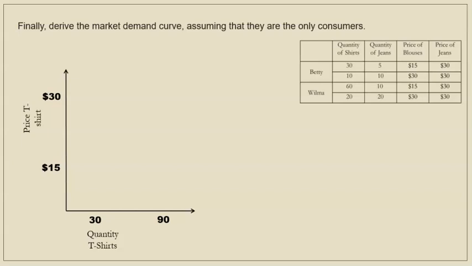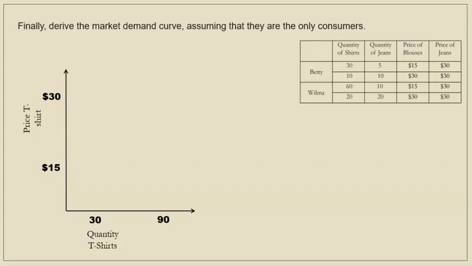I hope there are more customers than just Betty and Wilma, but maybe this is a business just starting out. So we're going to look at $15, and we have quantity of shirts for Betty at 30 and Wilma at 60. So 30 and 60 gives us 90.